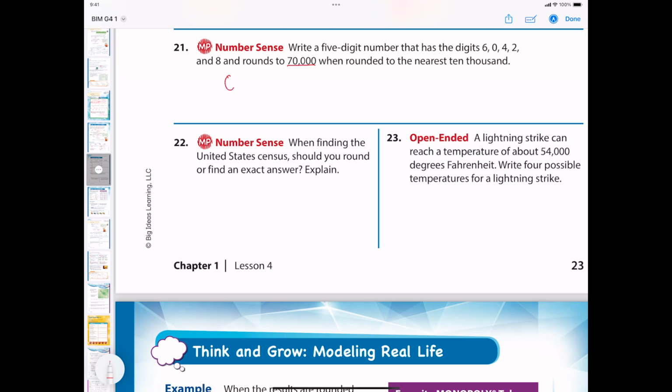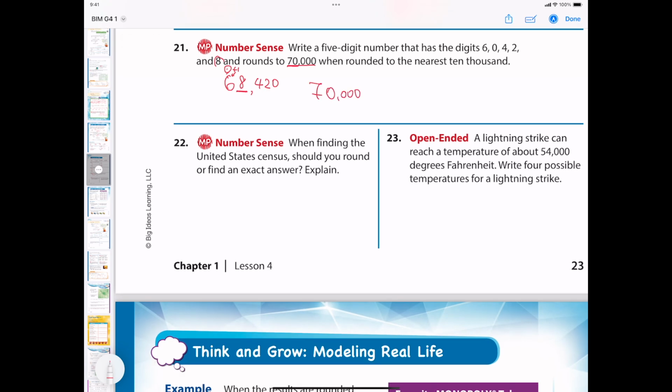So I'm going to pick 6 as the 10,000s place, and in order to round to 70,000, we have to have what? Some number greater than 5 because we need to round up. Make sense? So I have 8. And after, it doesn't matter what number you pick, so I'm going to pick 420. Okay? So when you round this number to 10,000, yes, 8 is what? Round up. That means you are going to add 1 into our target number, which is what?